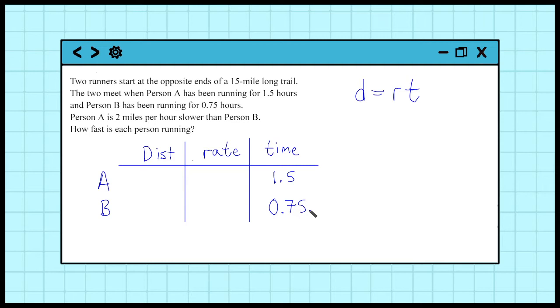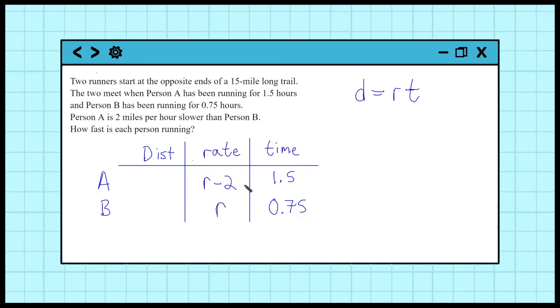So this is where I have to be a little bit careful. If person A is 2 miles per hour slower than person B, then for person B, I'm going to say that their speed or their rate is r, and the rate for person A is r minus 2.